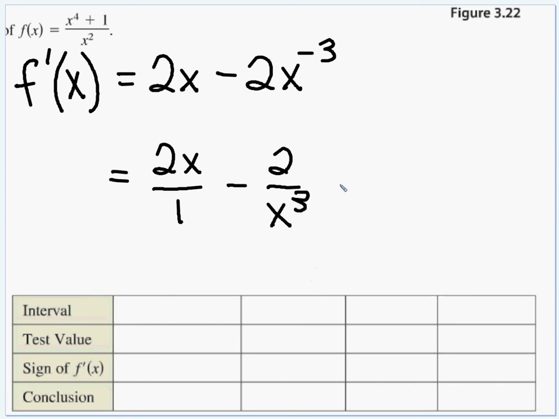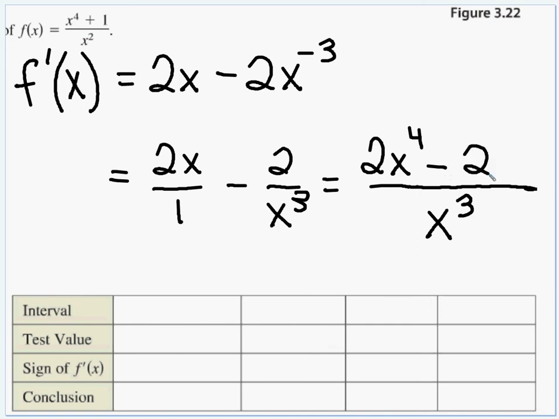That's supposed to be a 3. It's ugly, but you get the idea. So common denominator, 1 times x cubed is x cubed. And then we have a 2x times an x cubed. That's a 2x to the fourth. And then the minus 2 times 1 is just minus 2.